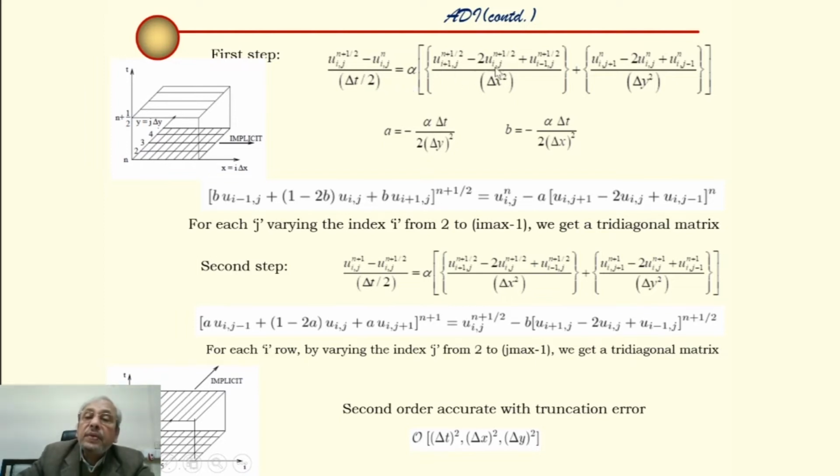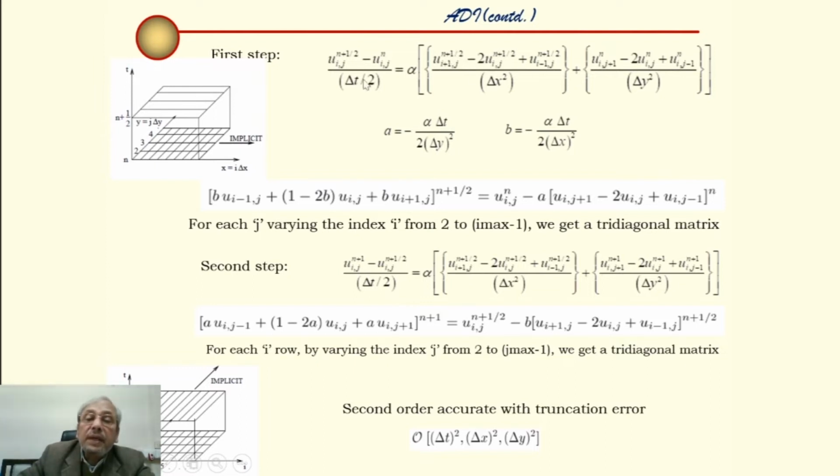This is central differencing on uij at n plus half level, and this is central differencing on uij in y direction at nth level. All nth level values are known, but n plus half level values are not known.